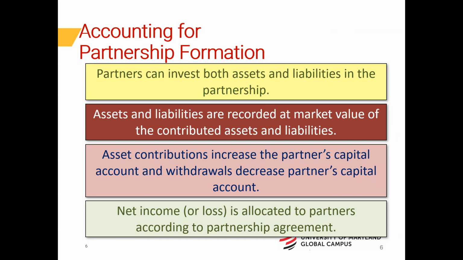So when it comes to partnerships, partners can invest personal assets into the business and liabilities into the business. In other words, if Joe and Rod are partners, and Rod comes in with machinery for the business, that is an asset, of course, and that would be classified as owner's equity because it's Rod's machinery.